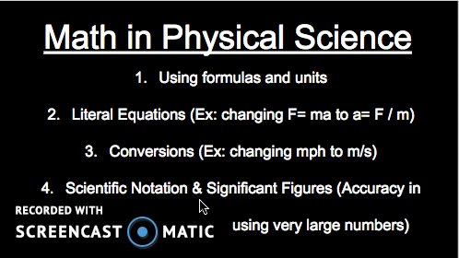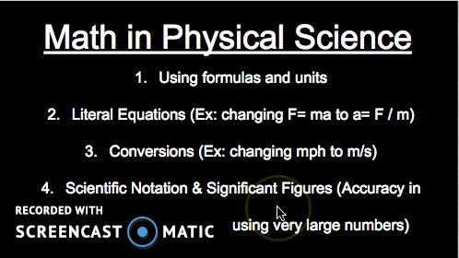Sometimes in physical science you deal with really, really big numbers. So those really big numbers or even really small numbers can be put in what's called scientific notation. Scientific notation can be kind of problematic if you're putting them in formulas and you're multiplying or dividing with these huge numbers. So scientific notation will be the easy way in which to deal with those numbers and still get accurate figures.